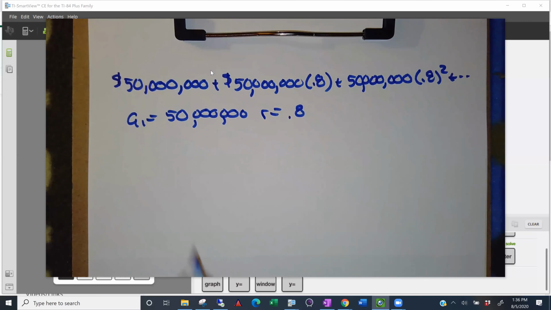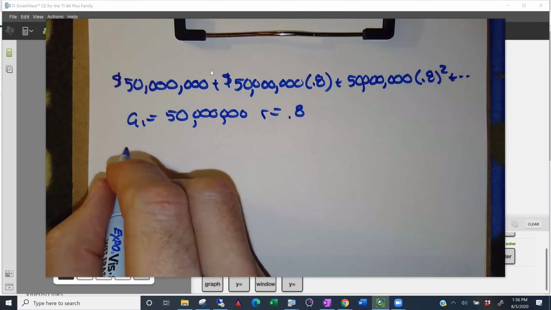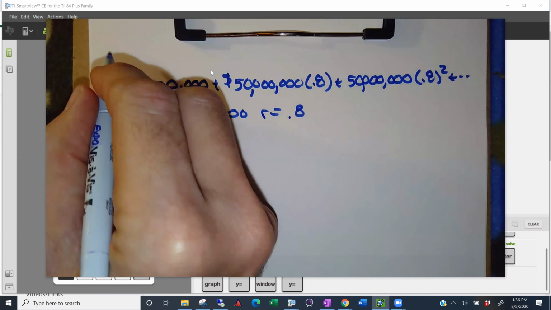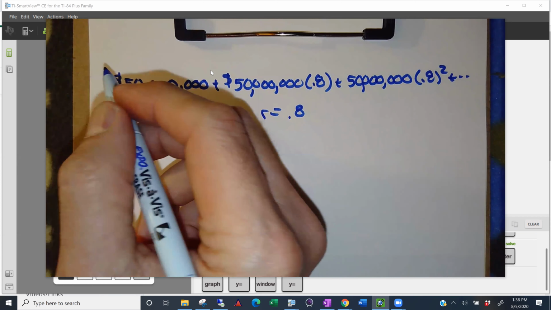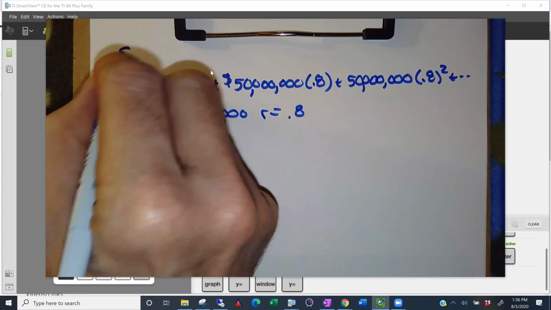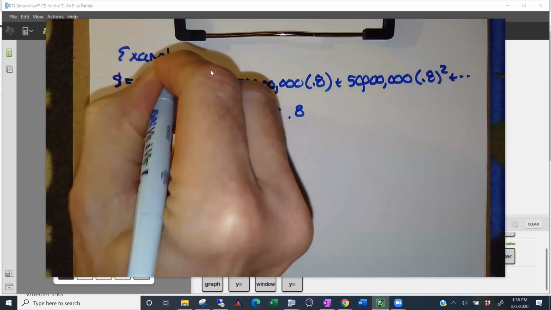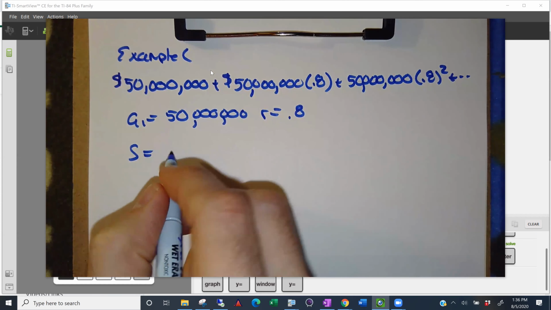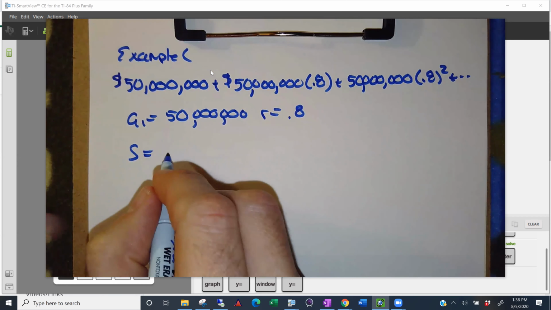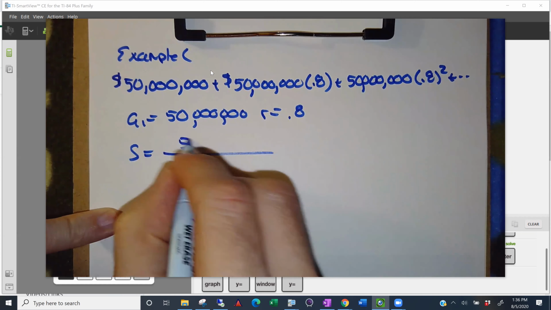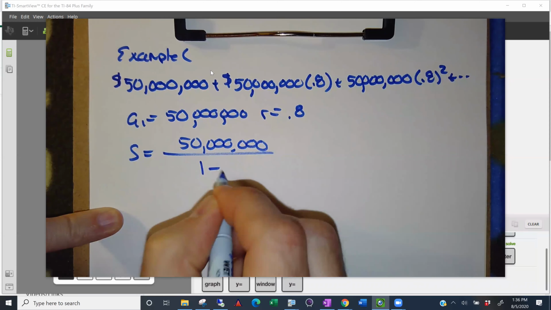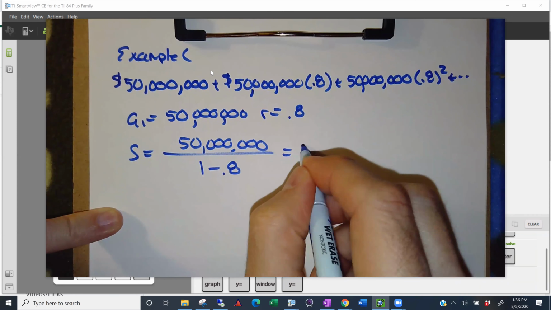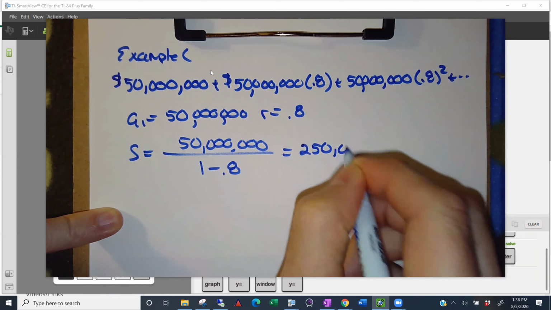So, all right, let's figure out what the sum of this series is. So we'll call this example C. So the sum is going to be 50 million divided by 1 minus 0.8, and that's going to turn into 250 million.